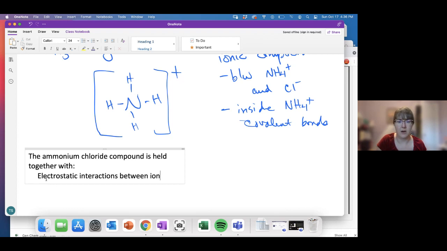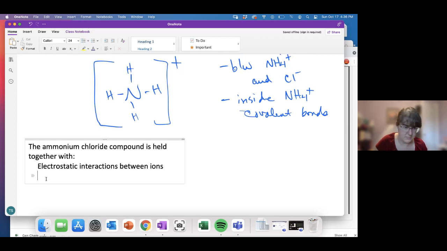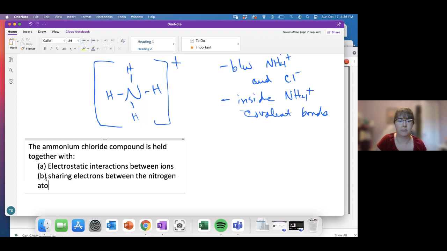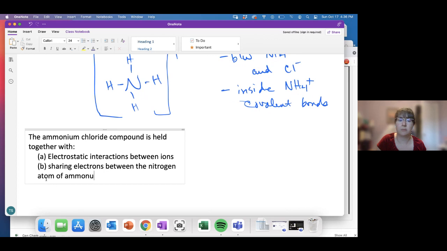So there's A, and then B might be sharing electrons between the nitrogen atom of ammonium and the chloride nucleus.